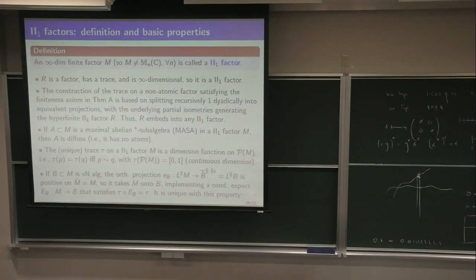So what I'm saying is that this orthogonal projection restricted to M, after removing the hats and viewing it as a map from M into B, I call it capital E_B. It's a conditional expectation that preserves the trace, and it's unique with this property.